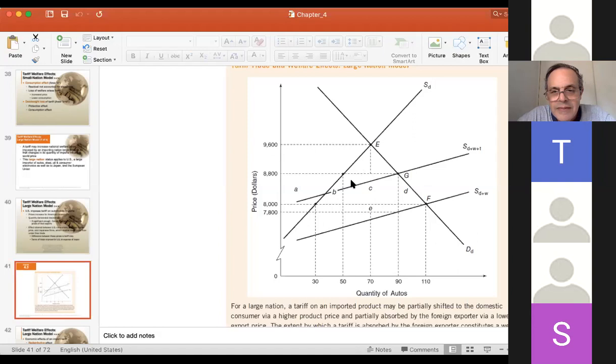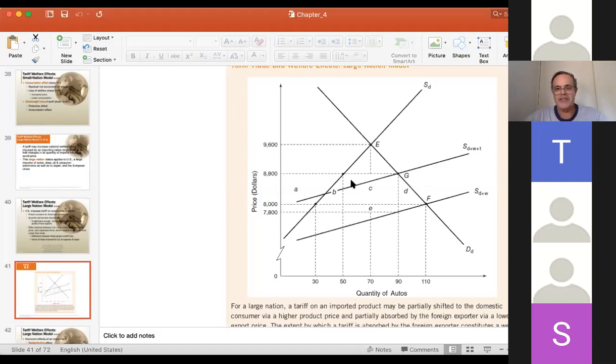Now you can see that the $1,000 tariff is not paid entirely by the consumer as we saw in the small country model. Under the small country model, the consumer will end up paying all of the tariff. But under a large country model, it's going to be both the consumer and the foreign producer.